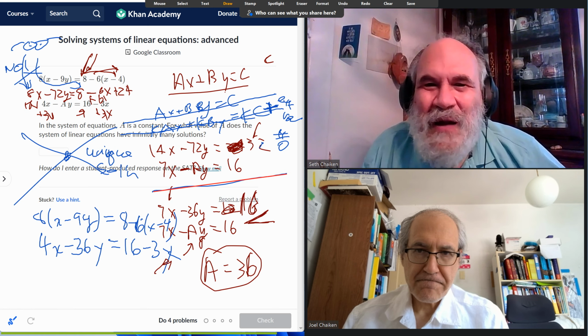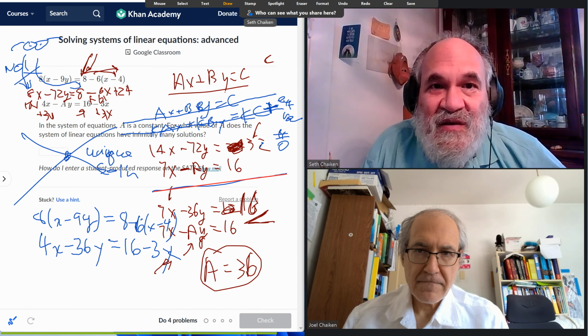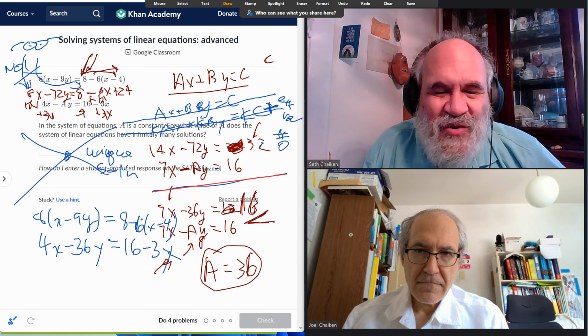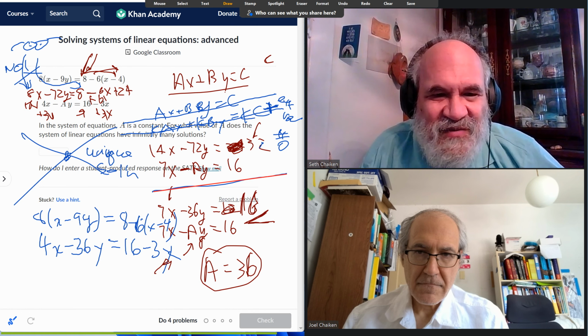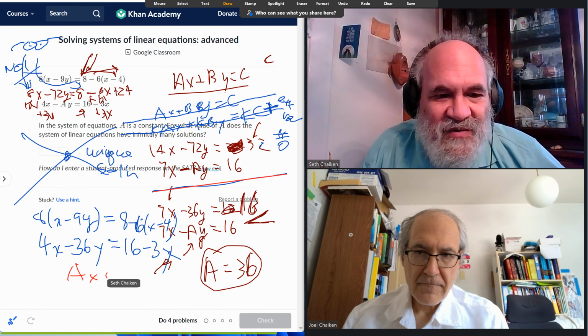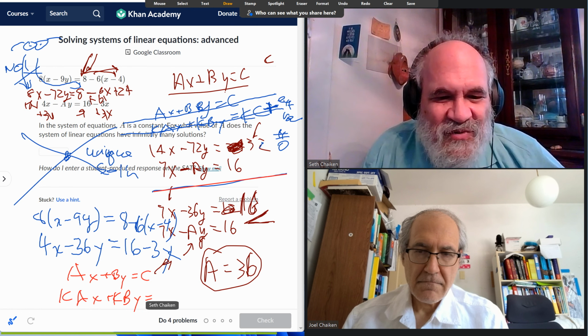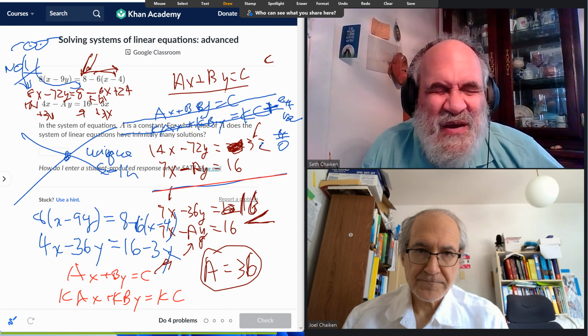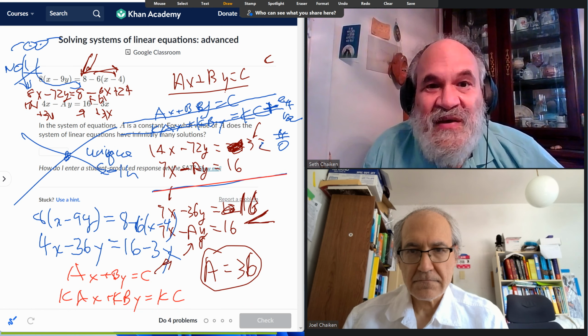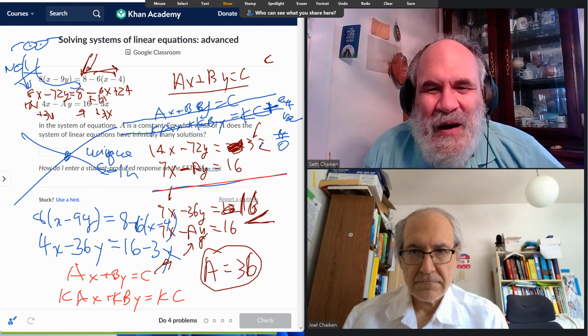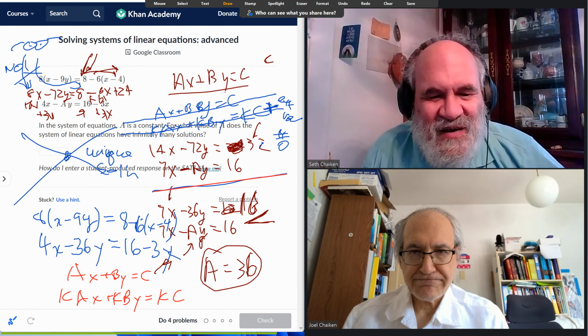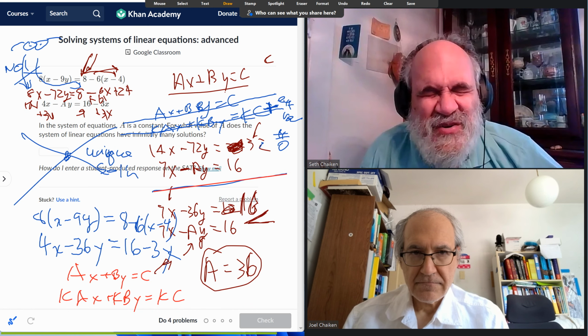In that case, the two equations have a form, as I said up here: ax plus by equals c, and kax plus kby equals kc, where a and b are not both zero. If they're both zero, we would have a different case. And here k is non-zero, otherwise you get an equation that's trivial.